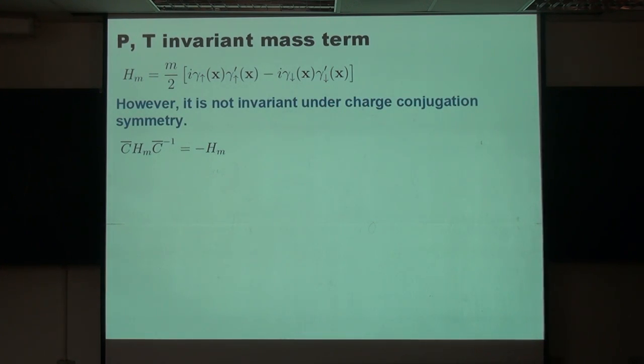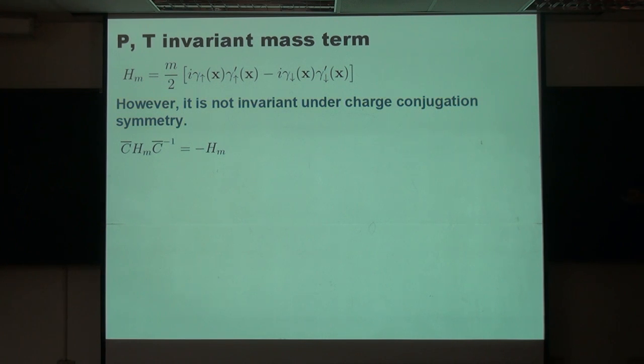Okay, so now I try to explain the origin of this neutrino mass and I try to compute this mass mixing matrix based on the previously well-defined CPT algebra. So the point of this mass term is that you can check that it's invariant under the PT symmetry, but not invariant under the charge conjugation symmetry.